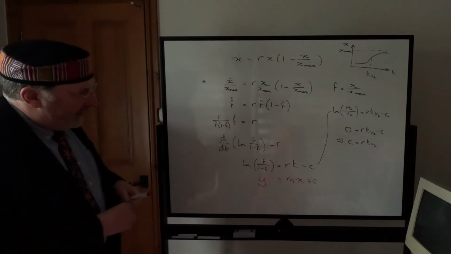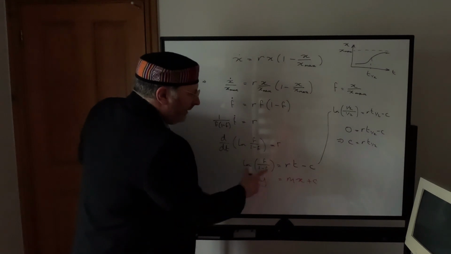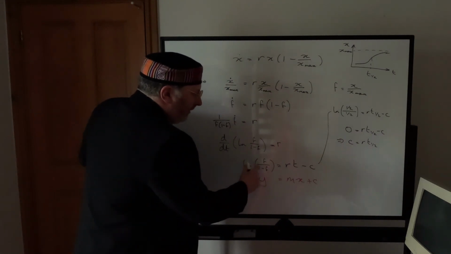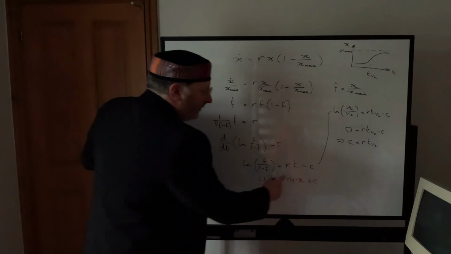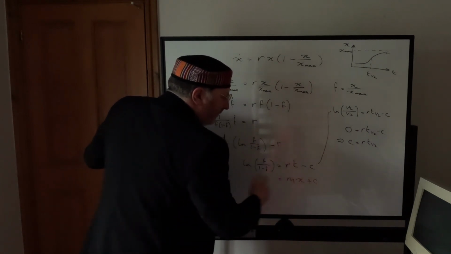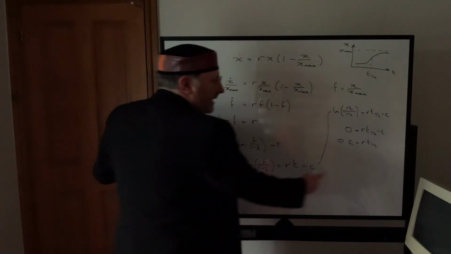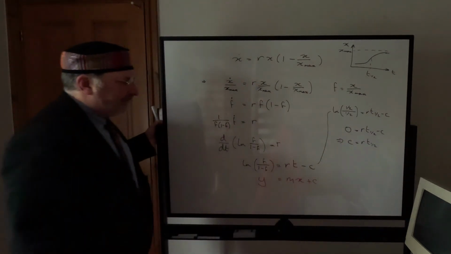And what we can see is that if this takes the place of y, so we plot log of f over 1 minus f against, this takes the place of x, so we're plotting that against t, then we'll have a straight line with slope r and y-intercept c, where c is given by that.